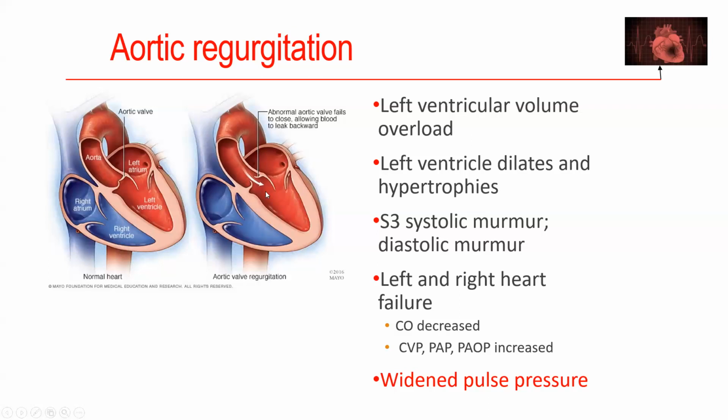The systolic murmur is actually typically seen because you have mitral regurgitation as well. So remember, uncontrolled aortic regurgitation will eventually promote mitral regurgitation. Good. Same thing with aortic stenosis. Eventually we'll have mitral regurgitation.